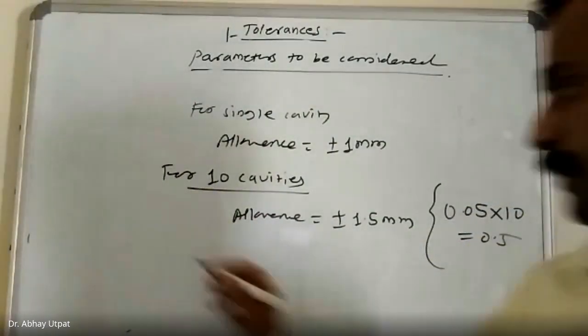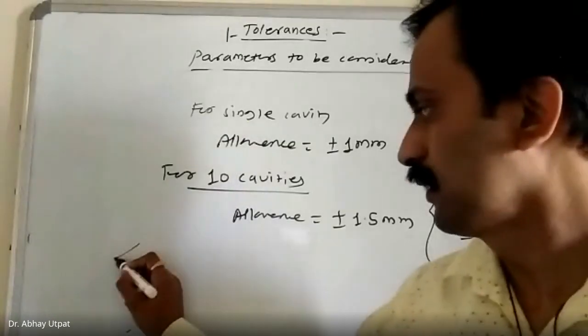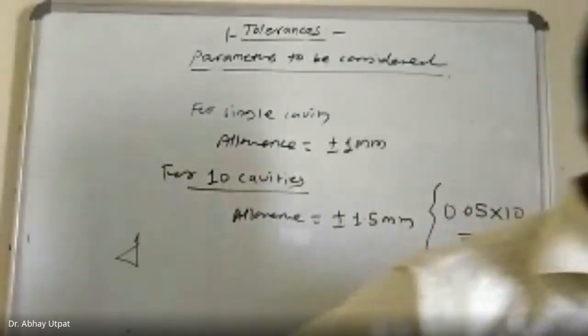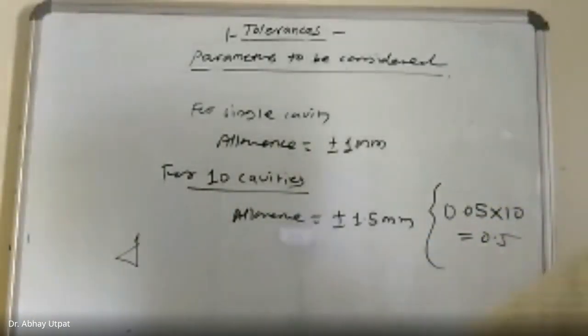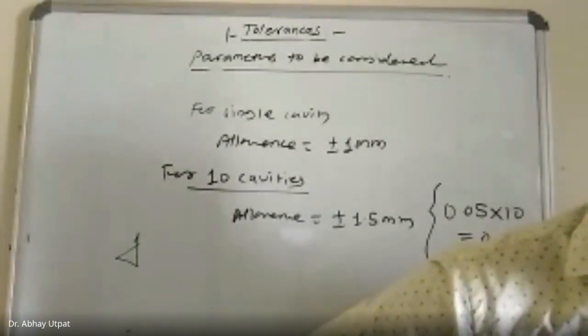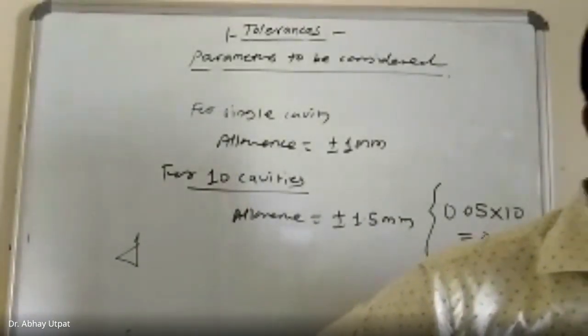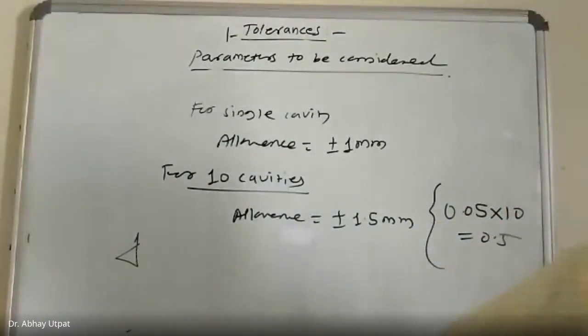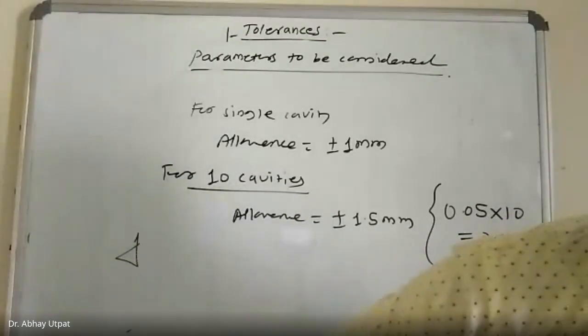And make a star mark and write. Dimensions of molding parts are directly related to dimensions of cavity and core.